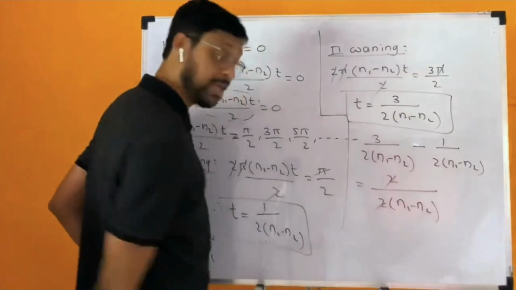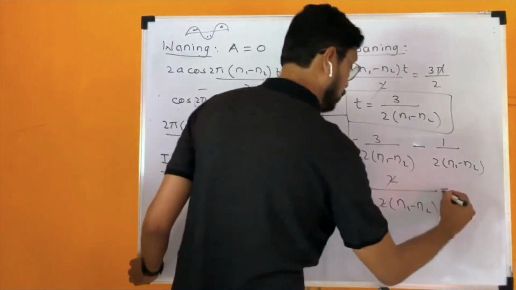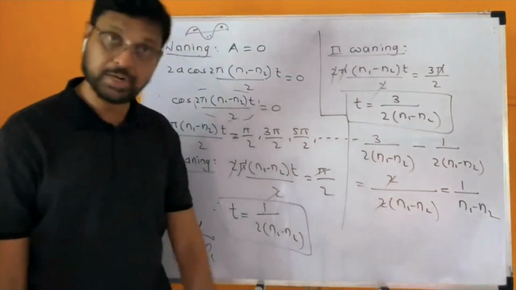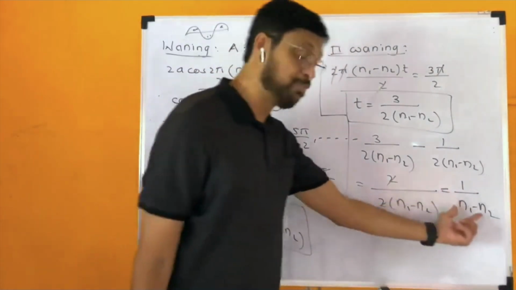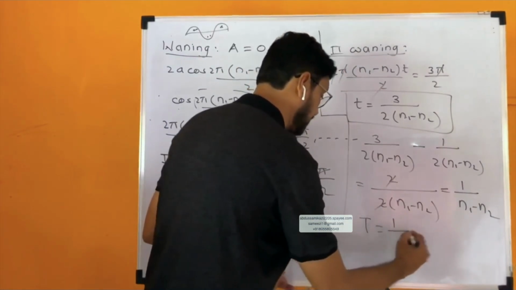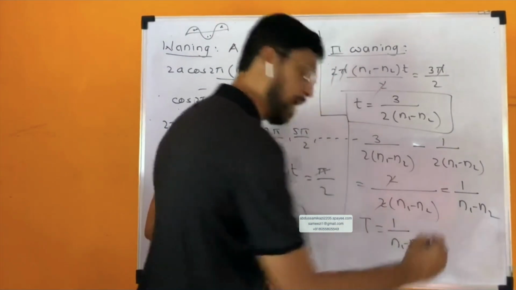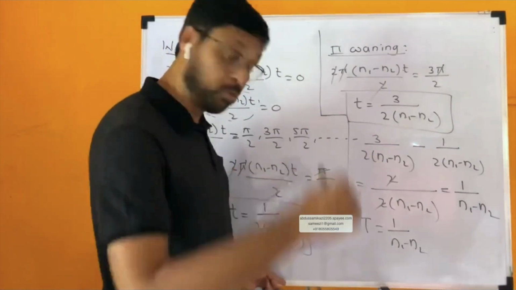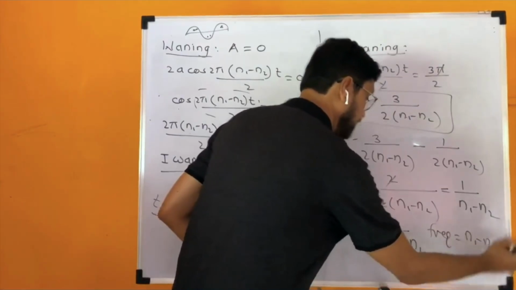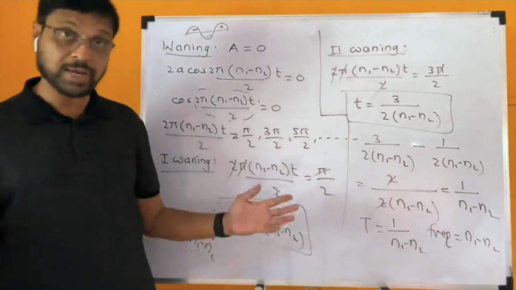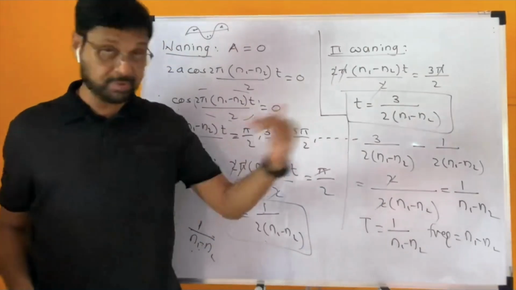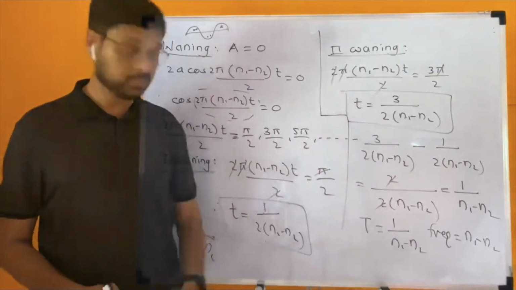This 2 gets cancelled. So time interval between two wanings कितना आया? 1/(n1 - n2). Time interval between two successive wanings means period of beats, that is 1/(n1 - n2). इसका reciprocal, frequency of beats, that is n1 - n2. So you can find out the frequency of beats or time period of beats using waxings, जैसे हमने पहले किया, or using wanings. So have a look at it.